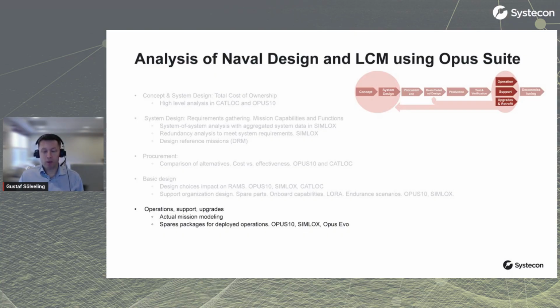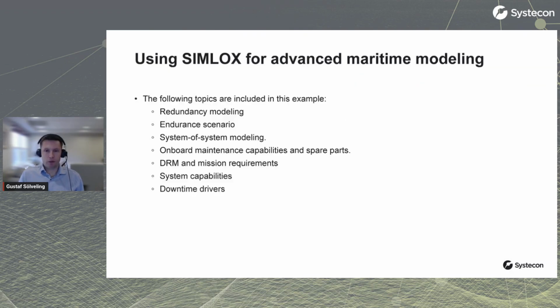And we want to see what it is we need to bring with us to do that. What parts shall we bring? What resources do we need for maintenance and so forth? And we can use a combination of tools here to get a good understanding and to see how well we perform. And this type of analysis really leads us into the modeling example that I will go through.